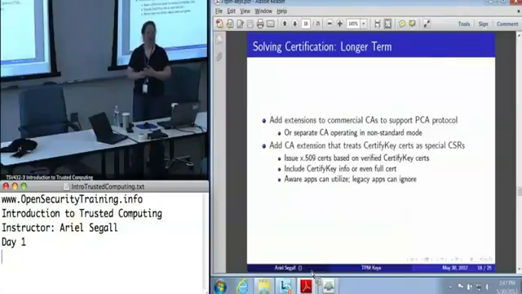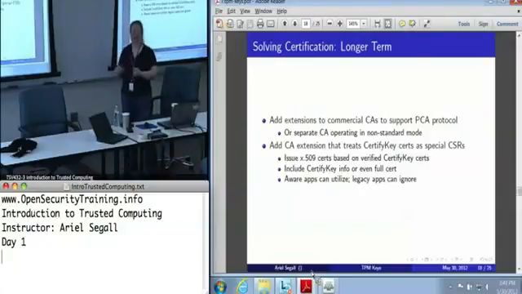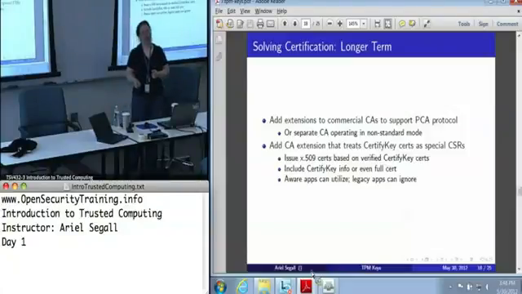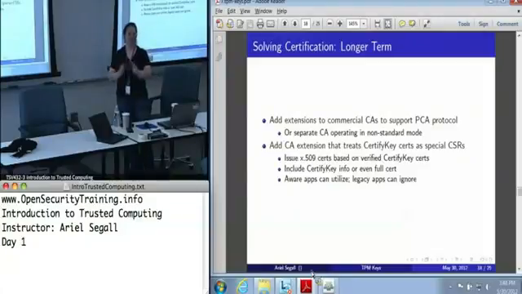They want a commercial CA, so they want Microsoft CA to support their protocols. So I would expect that we will see certified key credentials used as signing requests before we see an actual real PCA module for a commercial CA, because there is a real protocol involved there. Even though it's not a very complicated protocol, most CAs were not designed to be that modular, from what we found.